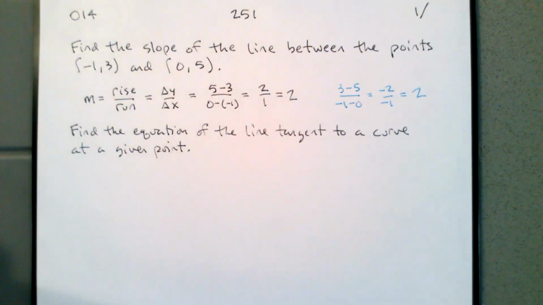This we decided, well, you didn't really decide, I kind of decided for you. This we marked as one of the big questions of calculus. One of the things that we want to know is what's the slope of the line tangent to a curve at a given point.